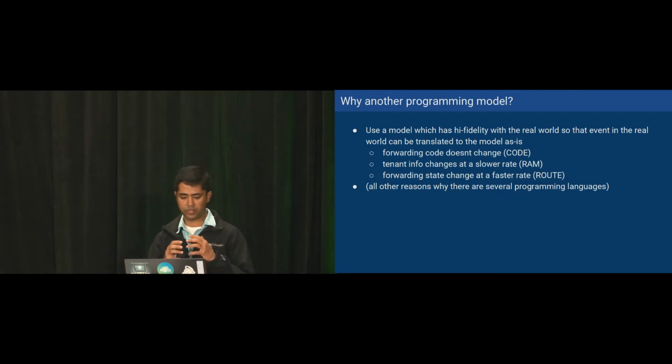So you have to use a programming model which has high fidelity with the problem which you are trying to solve. If you do that, then it is very easy to take real world events and introduce them into your model. For example, the assumption which we had was that the forwarding code doesn't really change much, but the forwarding state has a lot of churn. So we really need to separate them out.